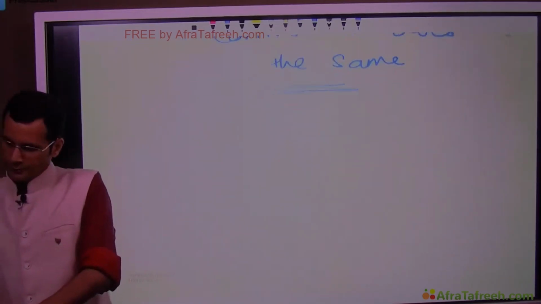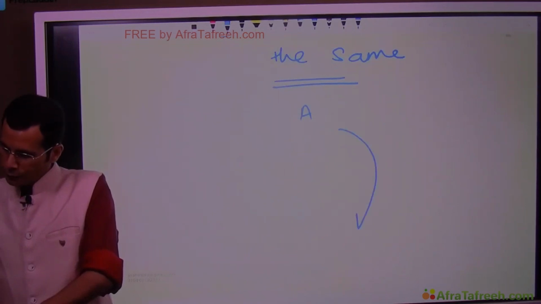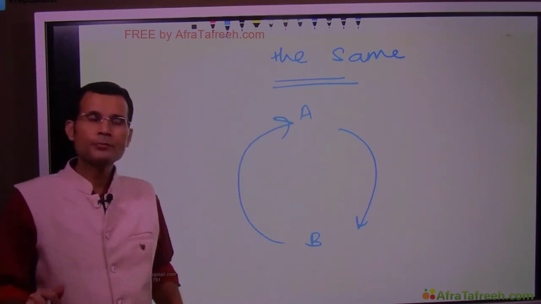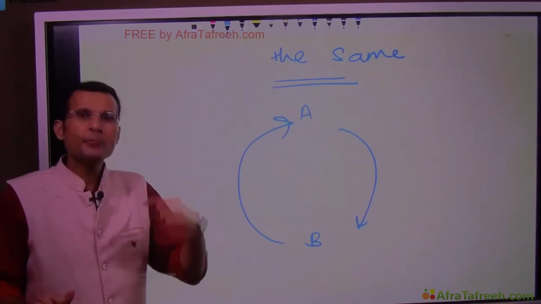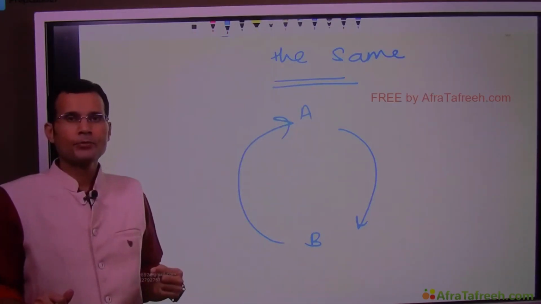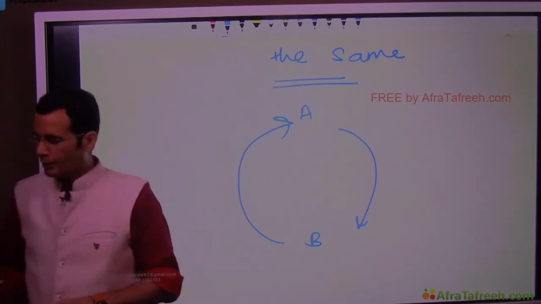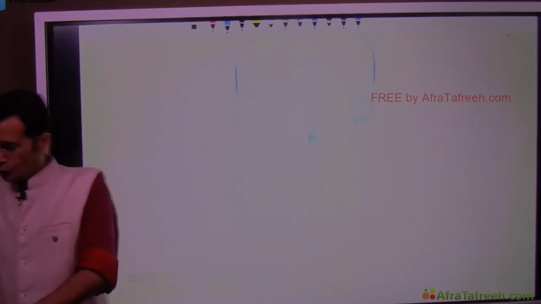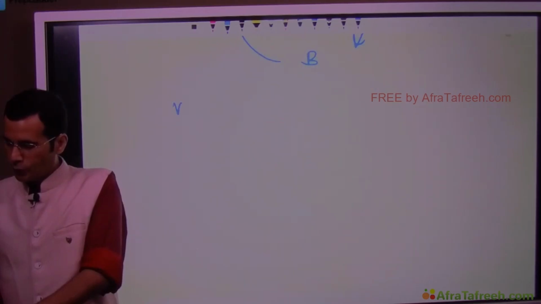So what happens is, for example, A leads to B, B leads to again A, and again A leads to B. More and more of the same goes on happening. That's positive feedback. So this is sometimes also called a vicious cycle.